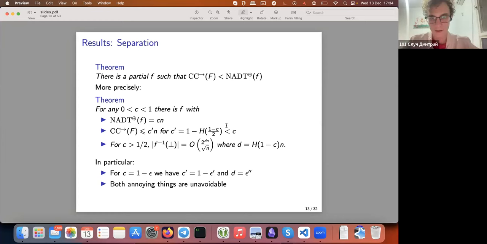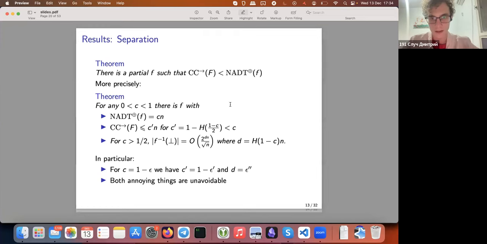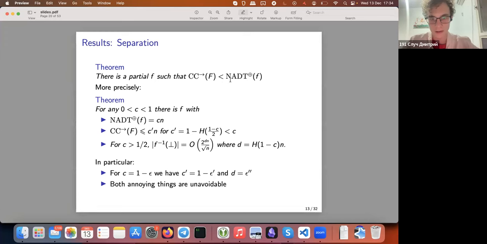And there exists a separation. There exists a function on which the two measures are not equal. To be more precise, for t equal to some factor c of n, the communication complexity can be separated from the non-adaptive parity decision tree complexity with a smaller factor c prime.